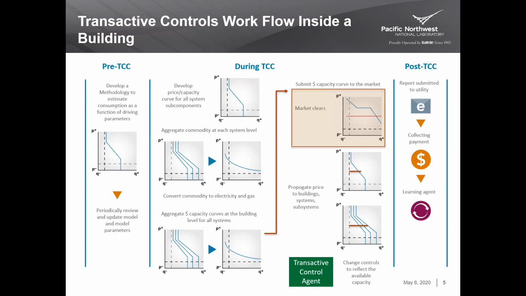For the VAV agents, that would be their zone temperature set points. For the lighting agents, that would be the dimming level for the lighting in the zone, to try to consume the cleared quantity based on that cleared price.